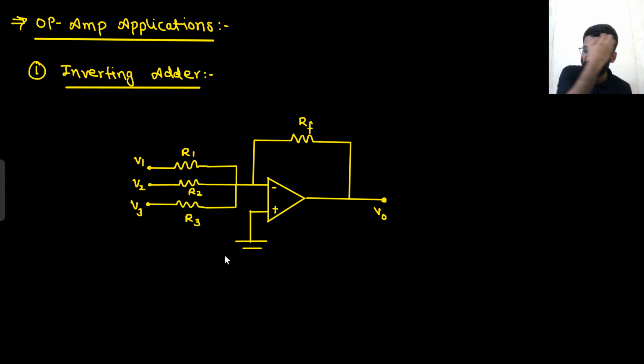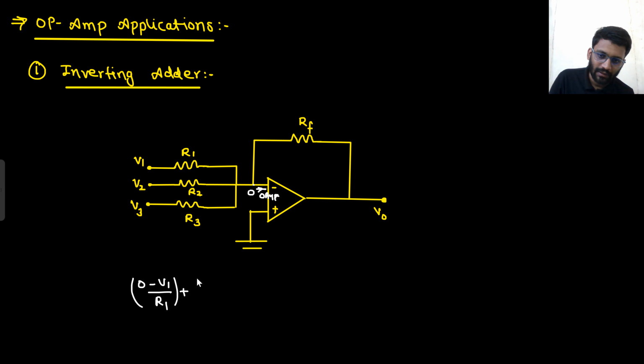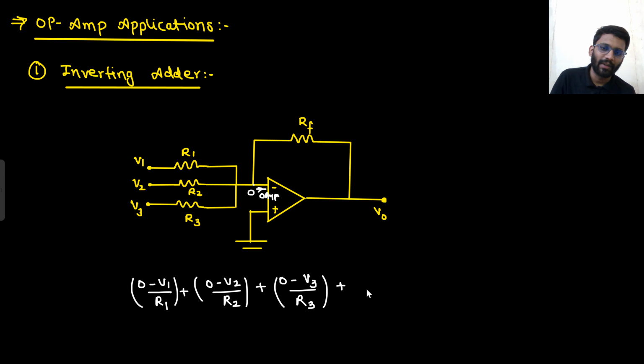So what will be the output? You can directly write the output. This node is 0, so this node will also be 0. Here I am applying the nodal analysis at this point because the input current is 0 ampere. So 0 minus V1 by R1 plus 0 minus V2 by R2 plus 0 minus V3 by R3 plus 0 minus V naught by RF is equal to 0.